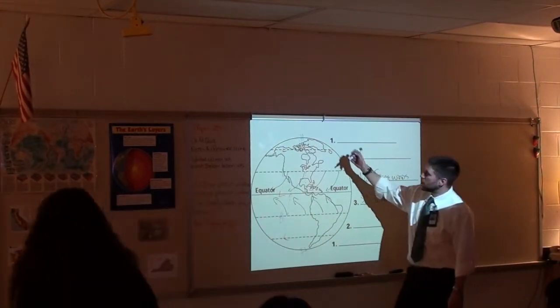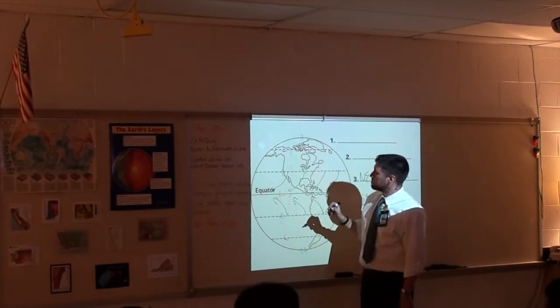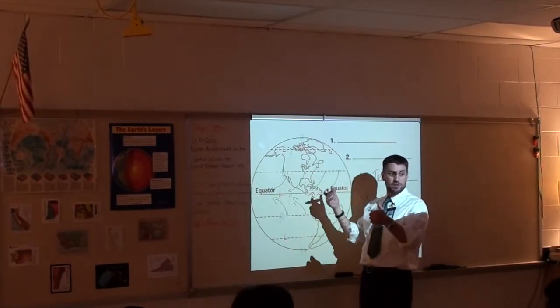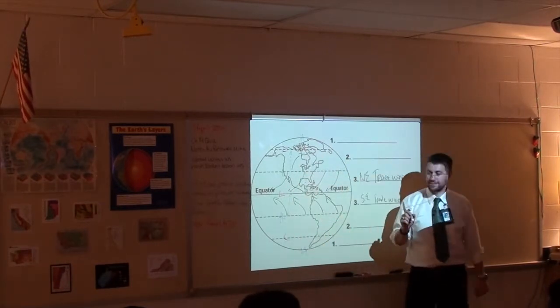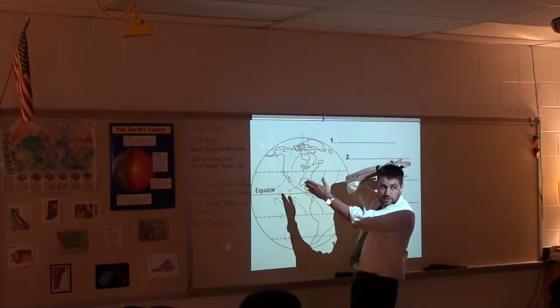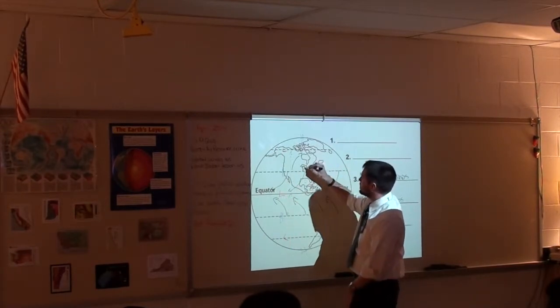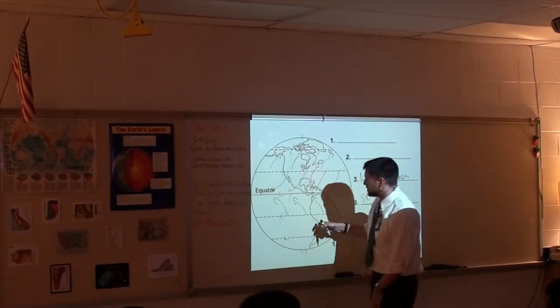Okay. The air wants to go from high to low. So what direction is it deflected in the northern hemisphere? Yeah, that's right. So it goes that way, because you're facing me, northern hemisphere goes to the right. So then we draw some arrows like this. Same thing down here.